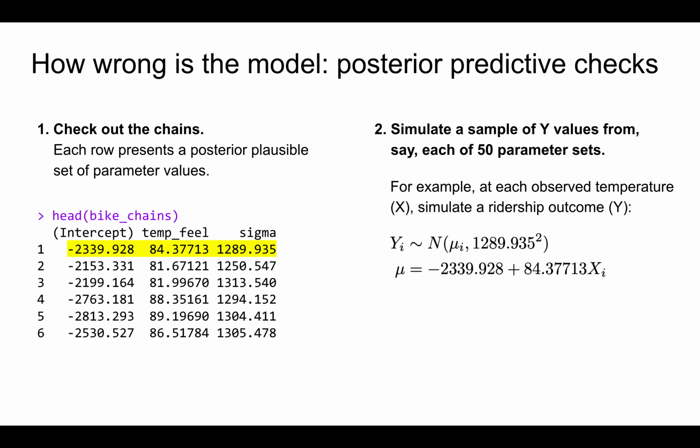Specifically, we can simulate ridership values from a normal model, where the mean is defined by negative 2,339.928 plus 84.37713 times temperature. And the standard deviation is defined by the sigma parameter, 1,289.935.